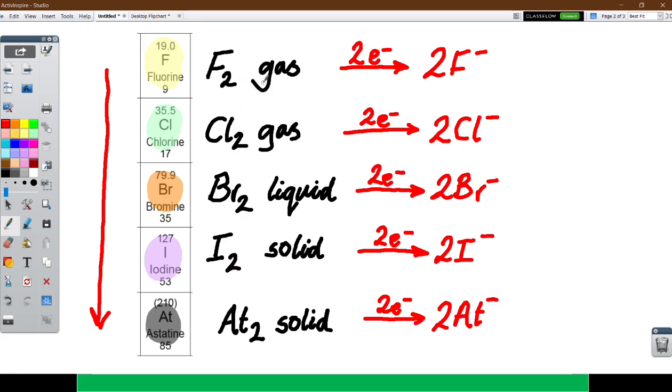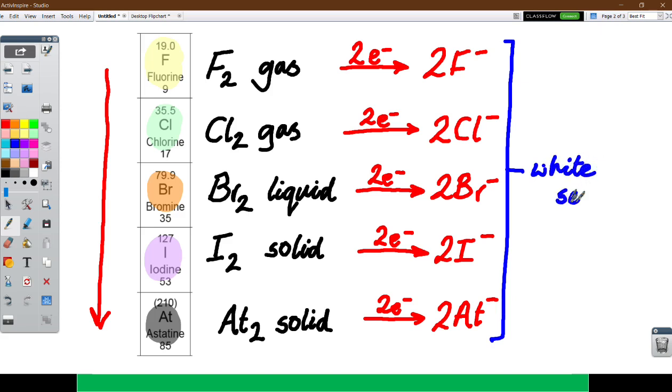Another thing to bear in mind before we move ahead is to recall that once these negative ions, halide ions, have formed, they will all tend to be colorless or white crystalline solids. They have lost their color. More often than not white solids. You do get the odd exception.